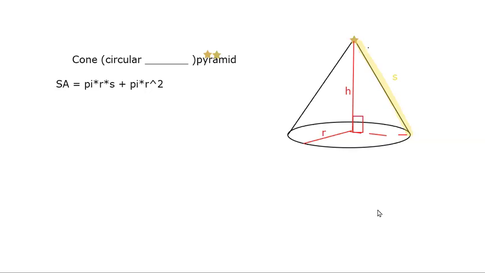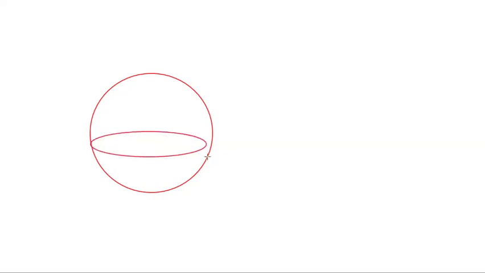And another surface area that we have would be that of a ball. So a ball is also called a sphere, and that's a two-dimensional one. There is a way to make this look three-dimensional. So, there we go.